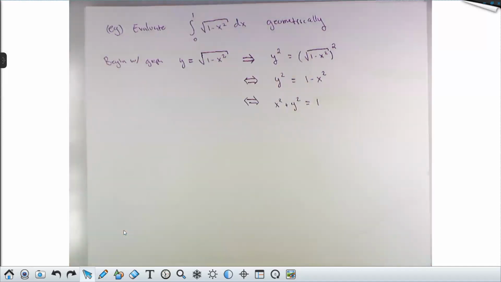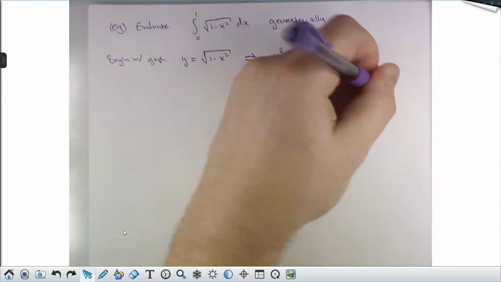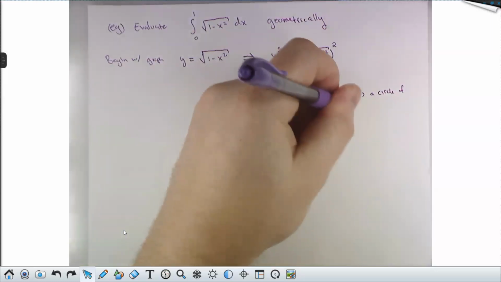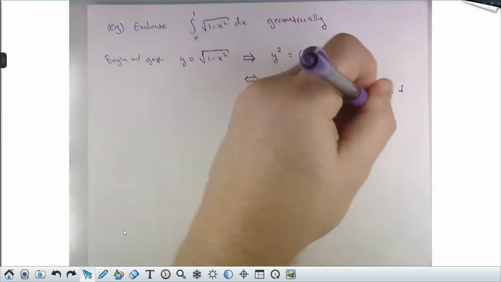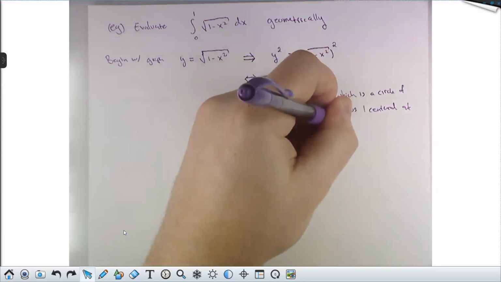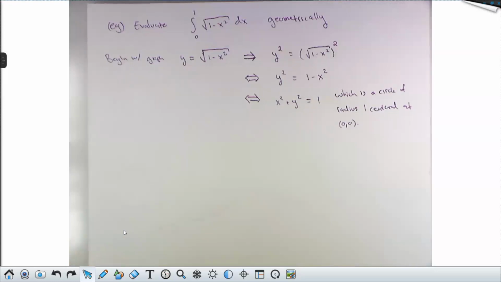Does anybody know what that is the equation of? This is a circle, right? Yeah, it is. This is a circle. What kind of circle? Good. Circle of radius 1. Centered where? At 0, 0.